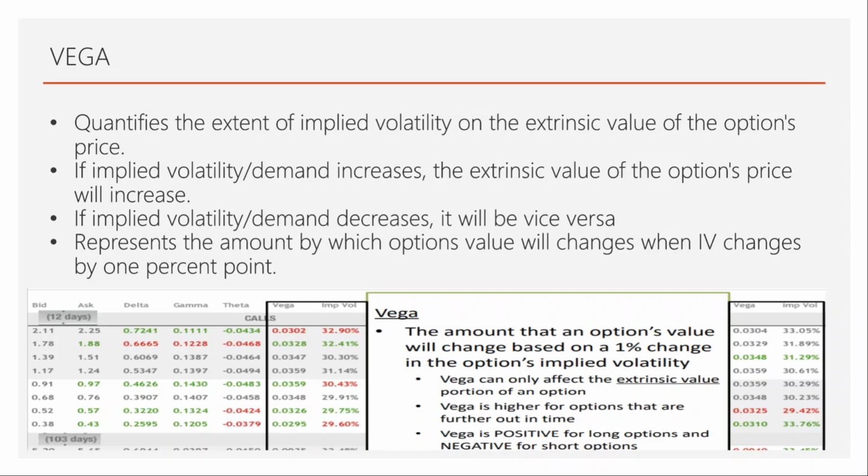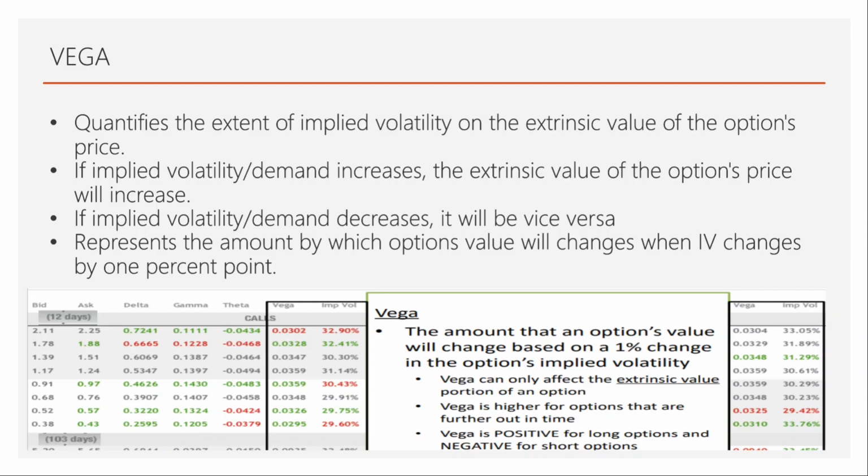So Vega represents the amount by which option value will change when implied volatility changes by 1%. So here you see it says 3 cents, right? For this specific strike, the option price will increase by 3 cents when implied volatility increases by 1%.